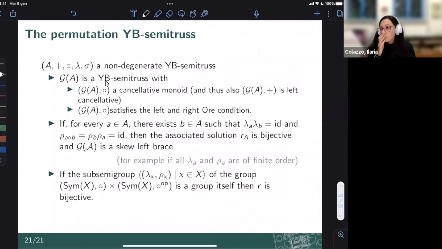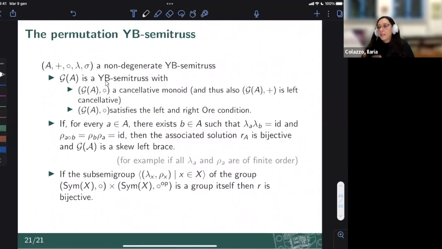The only thing that I want to say, and I'm going to finish, is just a question: what can we say about the infinite case? What is known is that there is an example of an involutive left non-degenerate solution that is not right non-degenerate.